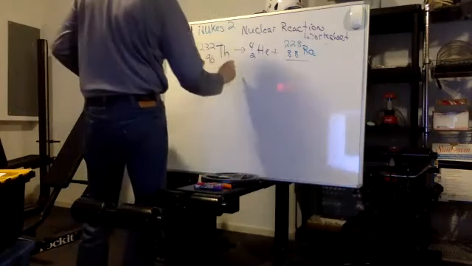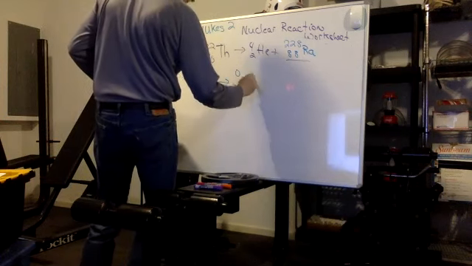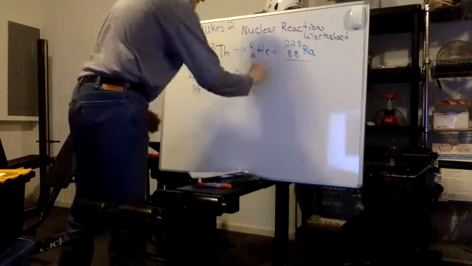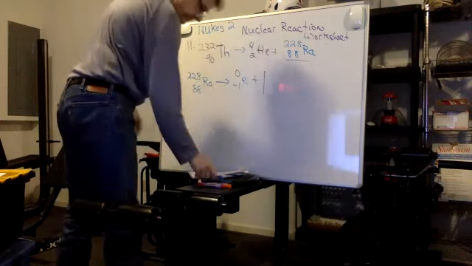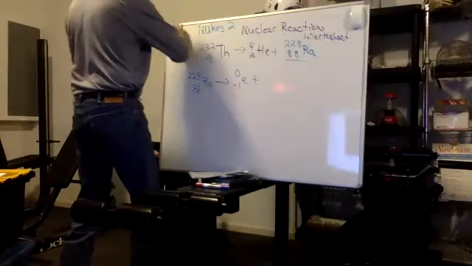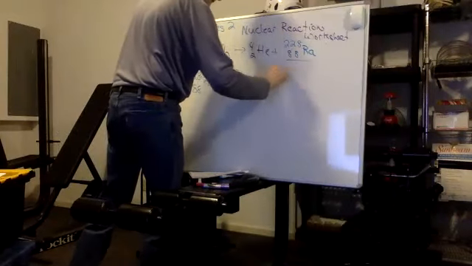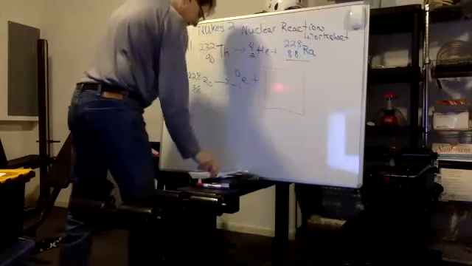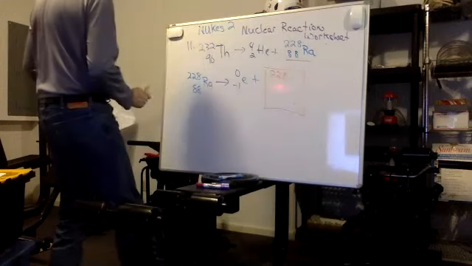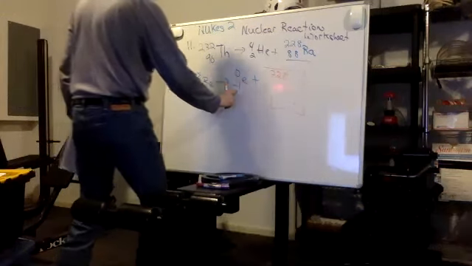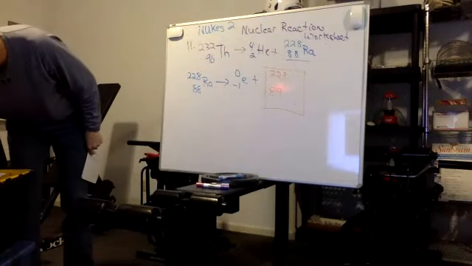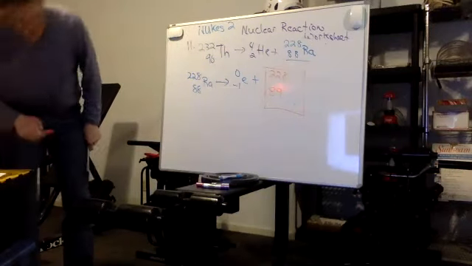And so I put a 0, -1e for my beta, and then I need the next isotope. I've already used purple. Go with orange. All right, so it's going to be 228, and I got to kick up one here, so I need an 89. And 89, I'm going to have actinium.